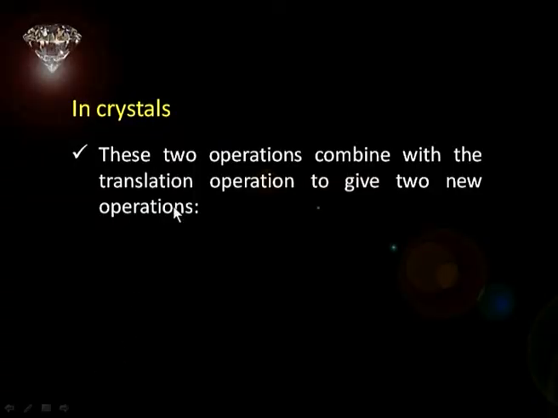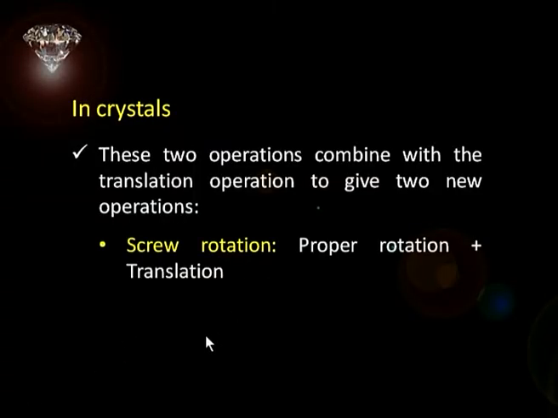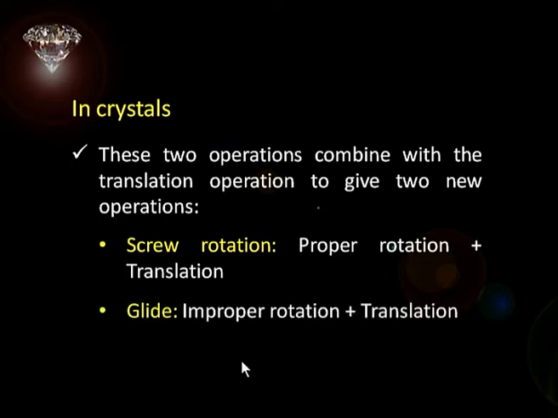That translation operation gives two new kinds of operations. One is called screw rotation, which is a combined operation which includes a rotation followed by translation. We will talk about it further. And the second operation is glide, which is a combination of improper rotation and translation. Let us see each one of them one by one.